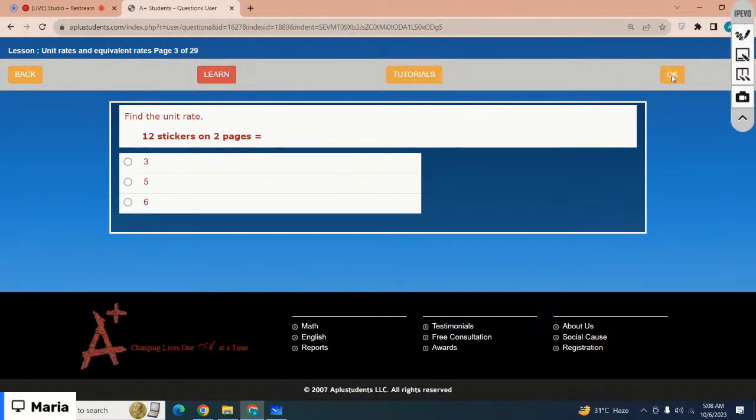Find the unit rate: 12 stickers on 2 pages. How many stickers on one page? Very good. The correct option is 6. On one page you have 6 stickers.